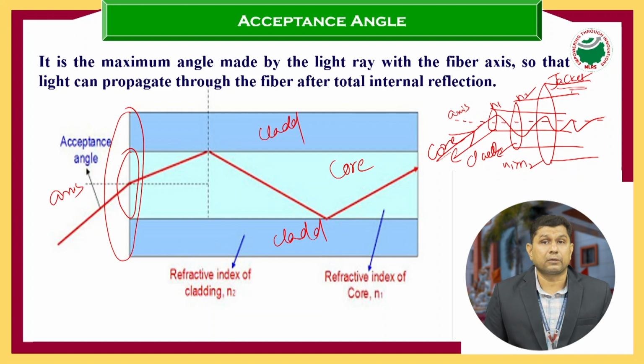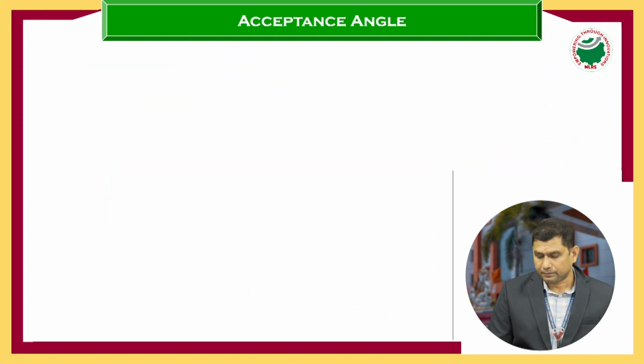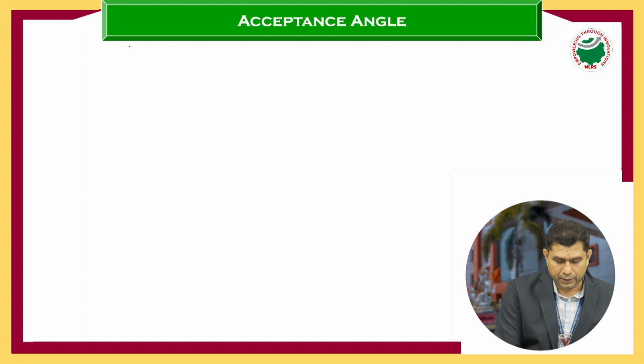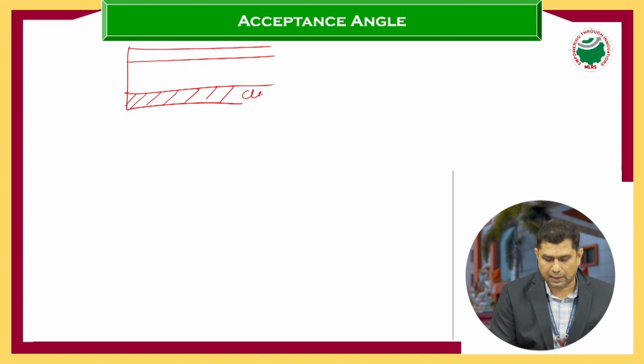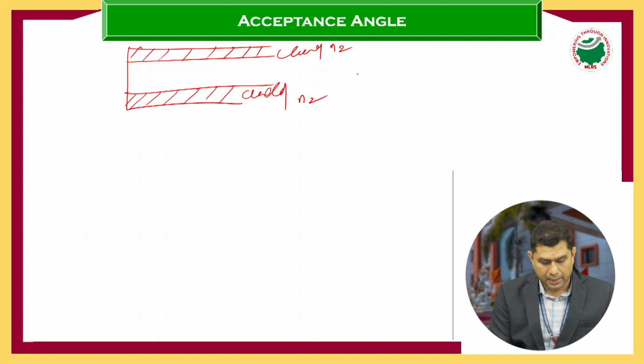Now I am going to calculate the acceptance angle. This is completely the derivation part. Already I showed you, this is the optical fiber vertical cross section. This is called clad, and this is also called clad. The clad refractive index is N2, and this is the core, the central part, whose refractive index is N1.